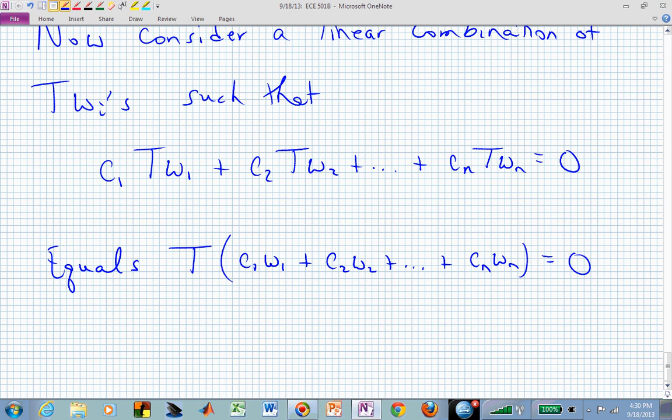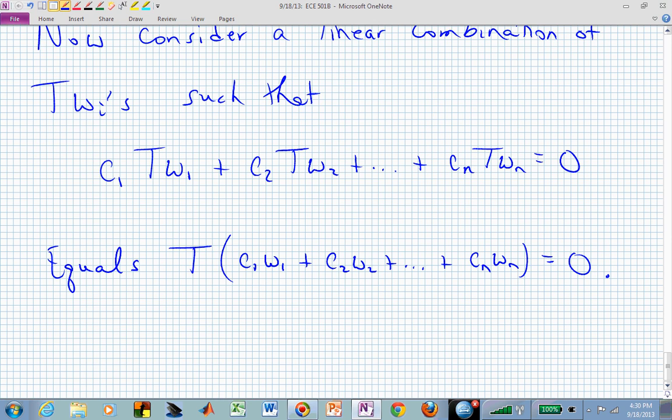That's true. If the top line is true, the first blue line, then this second line is true because T is a linear map. Well, now what do we know? Now we have T operating on a vector, mapping us into the origin. Where do we know that vector must live?